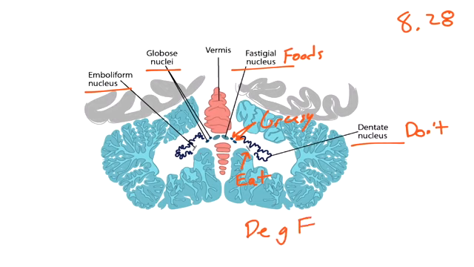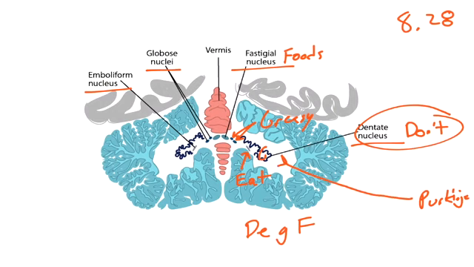So you don't need to be able to identify all four of these nuclei. In fact, the only one that you should really be able to identify grossly is the dentate nucleus. As you can see, it's very large. The takeaway is that the Purkinje neurons will send axons to these nuclei and release GABA. This is an inhibitory neurotransmitter, and it will inhibit these nuclei.